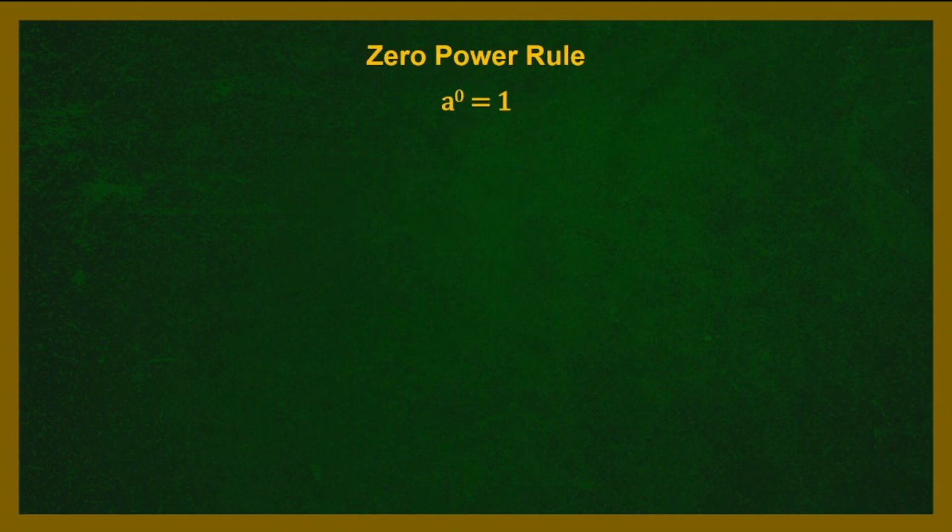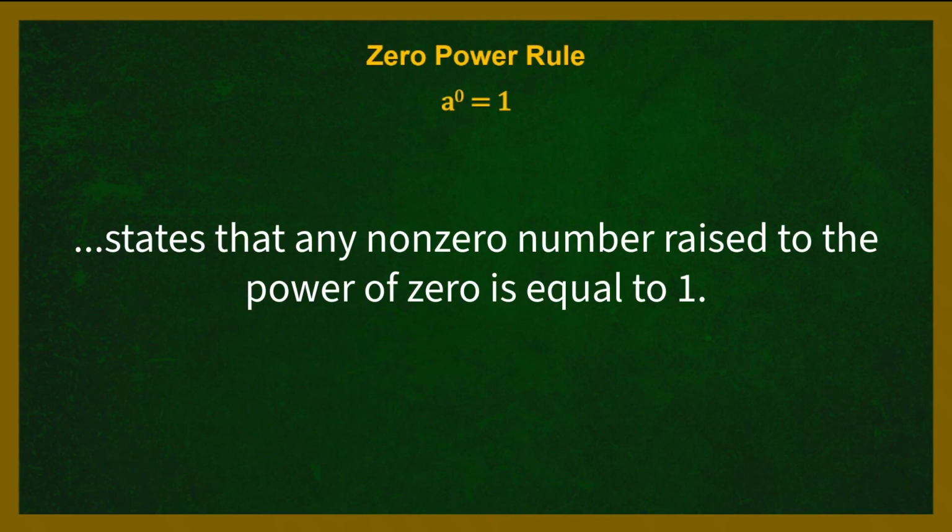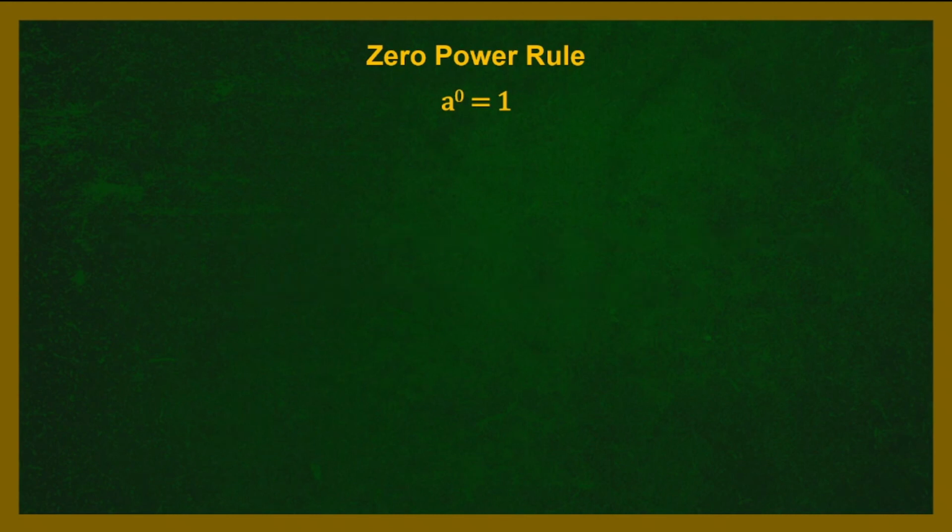Now, the zero power rule in exponents states that any non-zero number raised to the power of 0 is equal to 1. So mathematically, for any non-zero number a, let's set our value of a to 5, raised to the 0 power, that will give us 1.